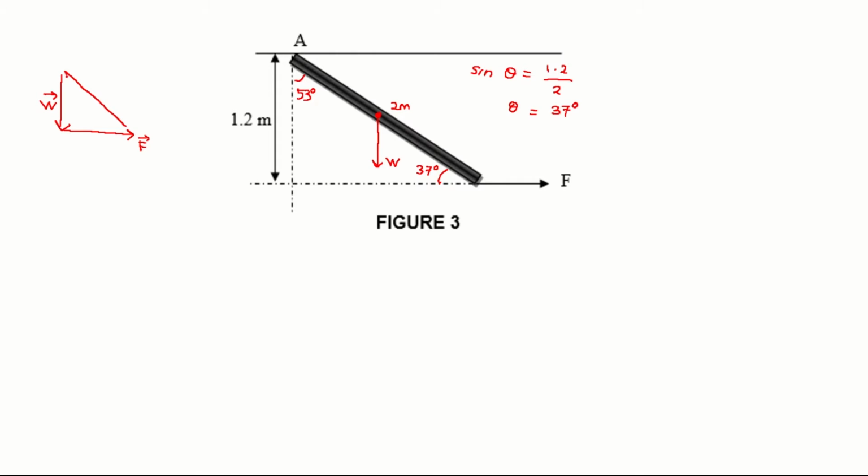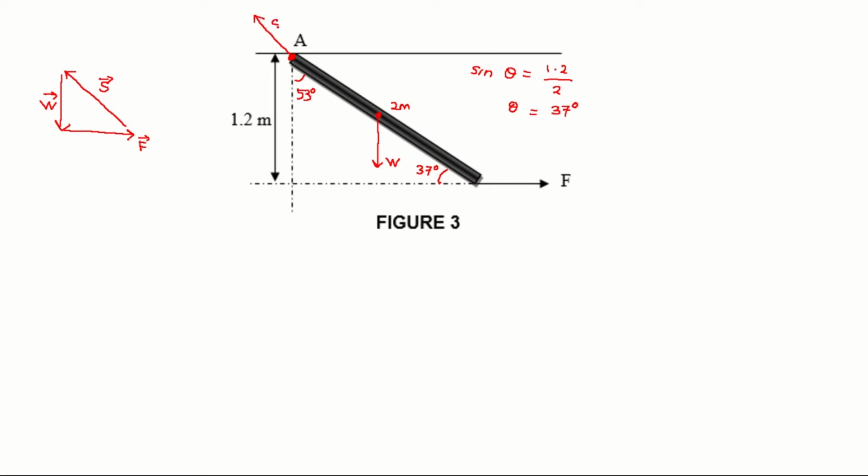So the closing force is like this. Say we label it force S. So where is force S? It means that force S must be on this plane, at point A here. So the direction of force S is like this.